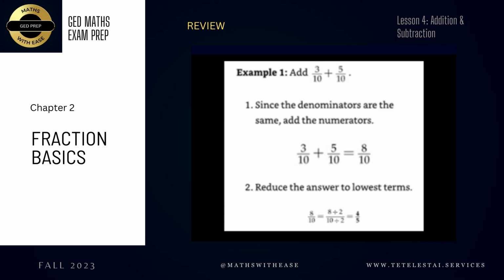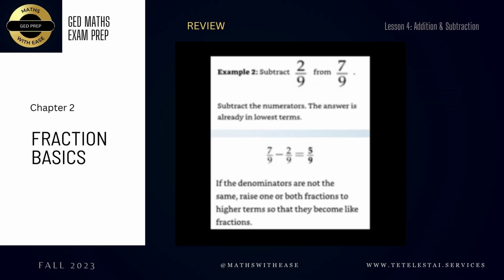So that's a good way to check yourself. Once you've reduced your answer to its lowest term by dividing by the shared factor, which in this case is 2, you can multiply your answer by that same factor to see if it takes you back to your original answer.